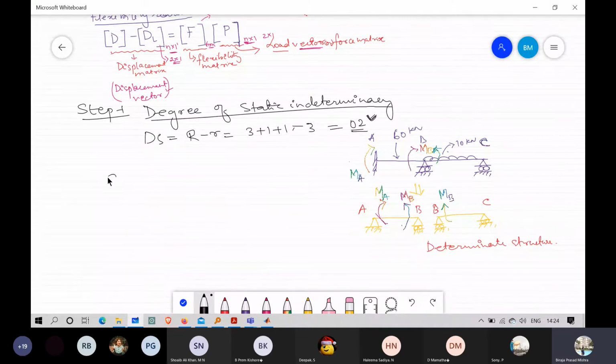I will write it here as step 2, or let us continue in the same step. Assume MA and MB as redundant.